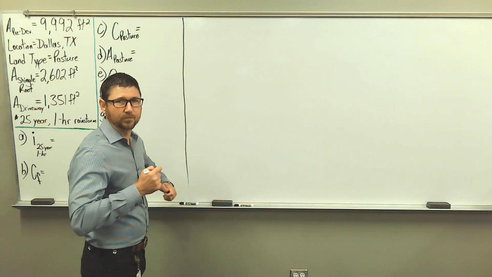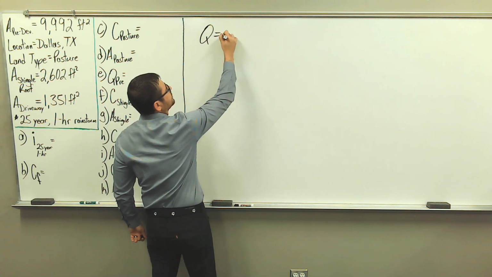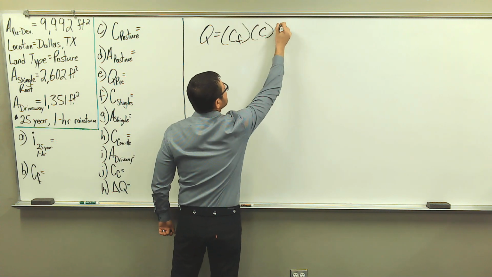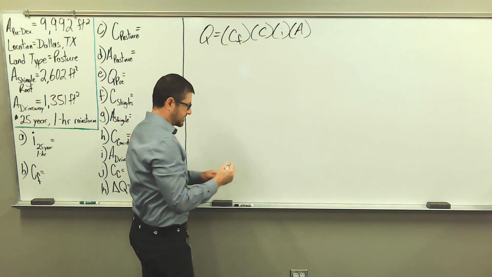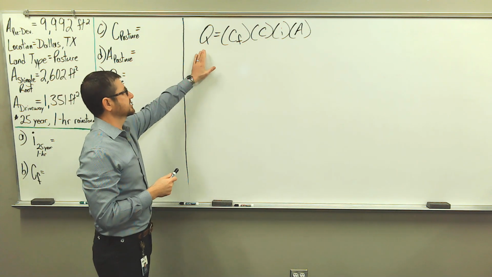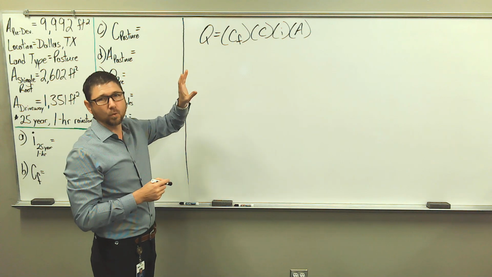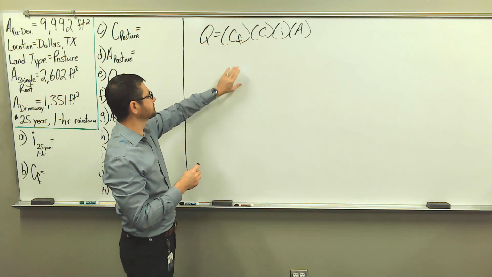Our rational formula is identified by Q. Q is equal to C sub F times C times I times A. Q represents the peak runoff rate, and we're going to calculate this for the pre-development situation and the post-development situation.